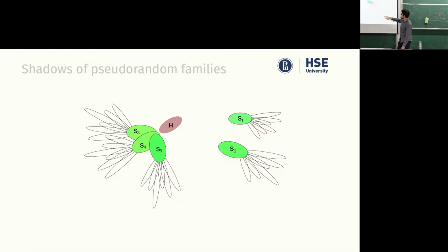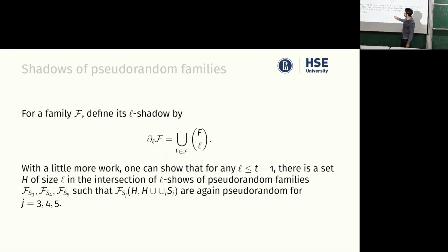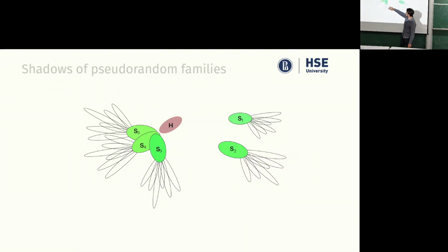other notions of pseudo-randomness, and find something nice in the shadow of your family F, such that attaching this configuration found in the shadow to the configuration in the family S calligraphic, you will form a forbidden configuration.